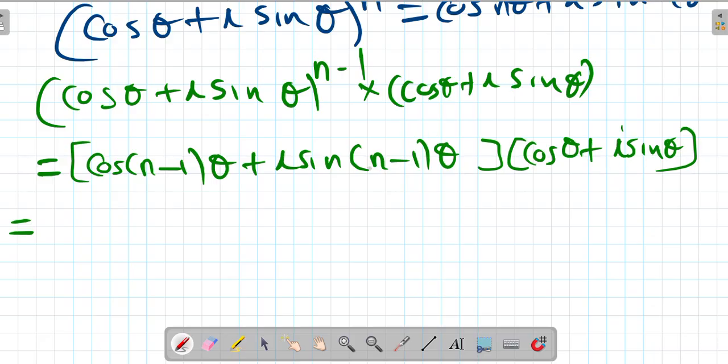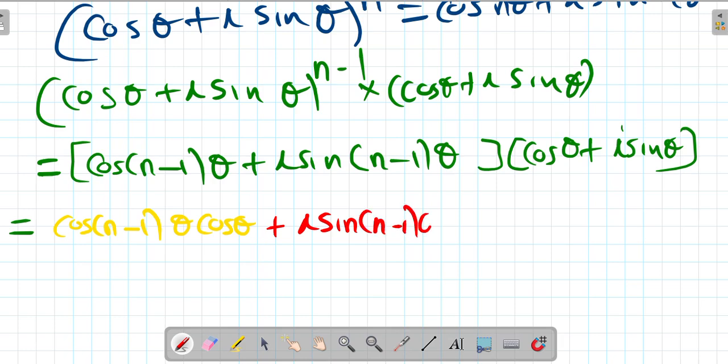So you should expand these terms and then equate them, grouping the imaginary terms together and the real terms together as well. What we do basically is multiply cos theta with everything. So I'm going to have cos (n minus 1) theta multiplied by cos theta, then plus i sine (n minus 1) theta cos theta.